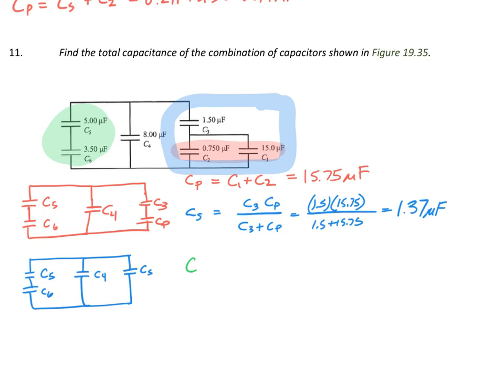I'm going to call this C56 because it's going to represent the collapsing of 5 and 6. If you wanted to go back and change this one, that would be totally cool.